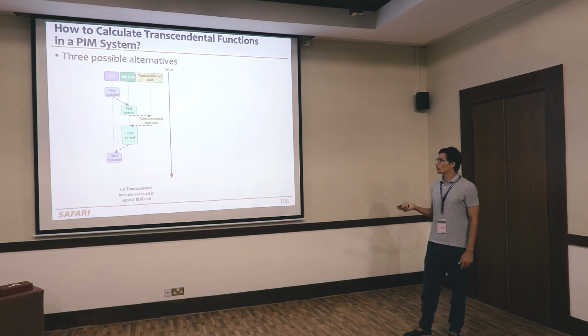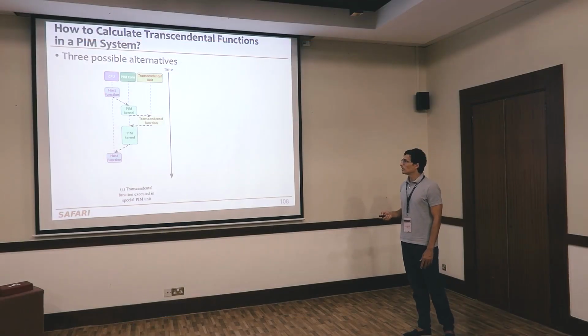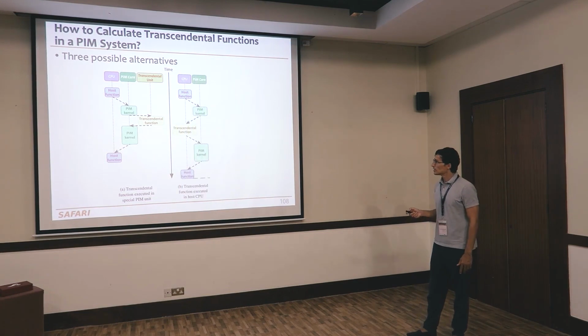And so we thought that there were three possible alternatives. The first one, if you find a transcendental function in your PIM core execution, and this would be the ideal one, would be to have a transcendental unit on the memory side. The PIM kernel would call this unit to calculate the transcendental function pretty quickly, and then continue the execution of regular arithmetic instructions in the PIM core. That would be ideal, but it doesn't exist.